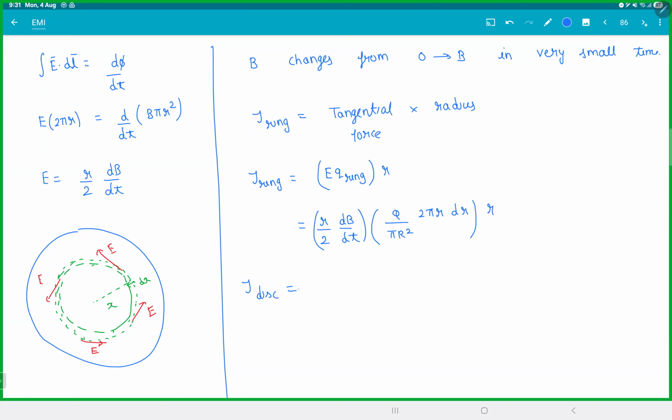So torque on the disk will be, remember dB by dt is constant. You're integrating with terms of r. So dB by dt, 2 pi goes off. We'll have Q by r square integral r cube dr. That would be Q r square by 4 dB by dt.